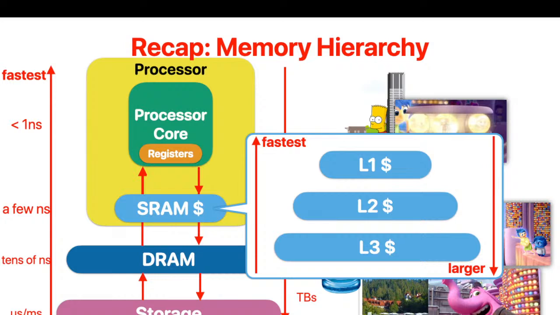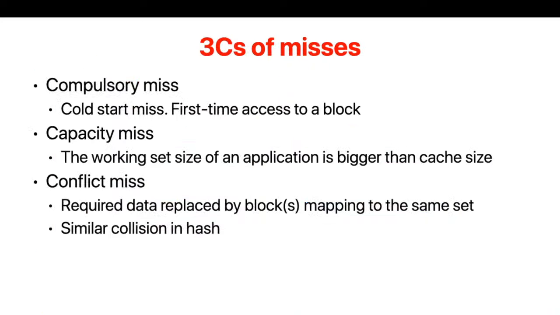So that's why we try to build as many lower levels of cache as possible. Some of you might be asking, why don't we have L4, L5? It all depends on the hardware technology of manufacturing those memory hierarchy. And if you make the cache really large, the access time is just way too long, so it doesn't make sense to build that. So that's what the hardware looks like.